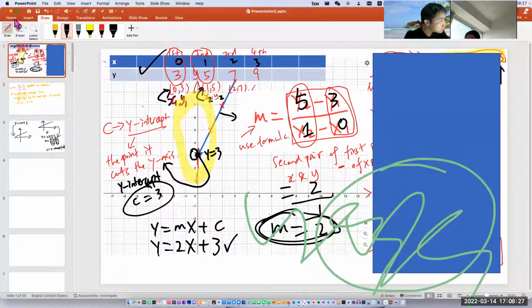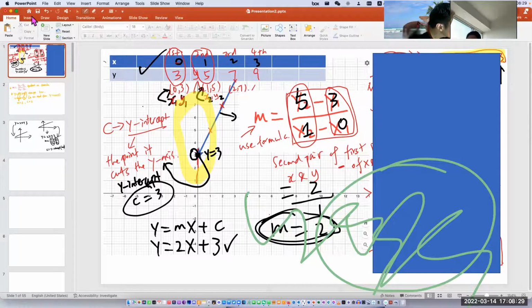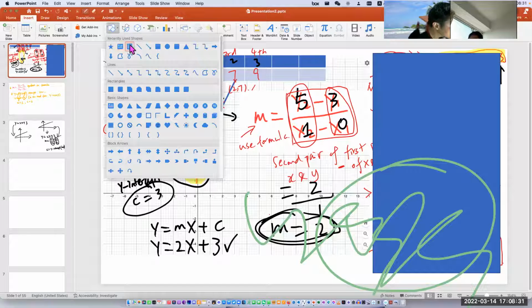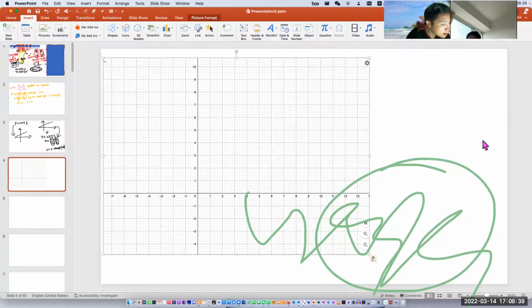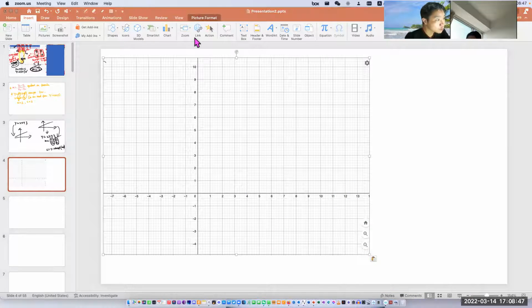So let me go back here. Okay, good. Yeah, I just use the graph paper. If you don't want to use the GeoGebra app, up to you. I'm not forcing you, but you need to know how to use the graph. All right.